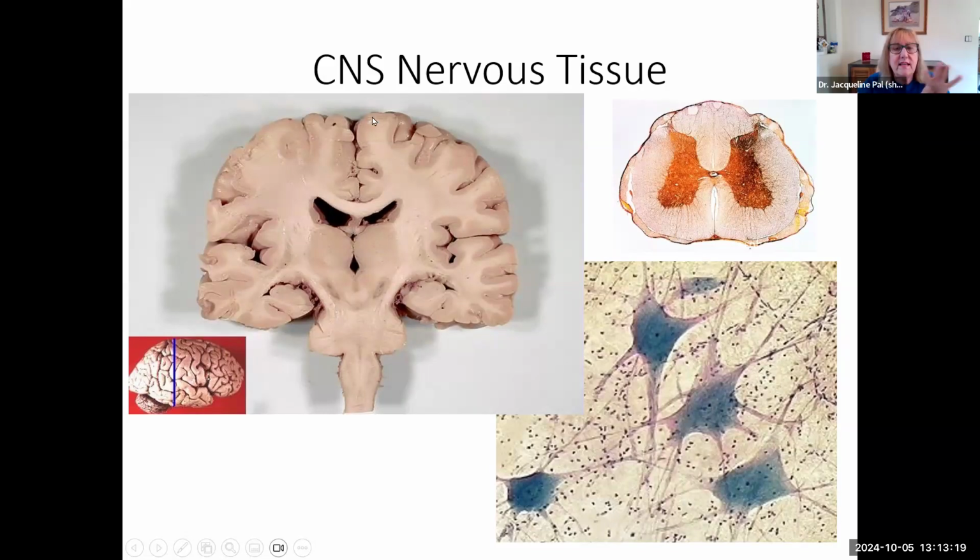And so you can see that there's darker tan areas and lighter tan, almost white areas. So this orangey brown area here on the spinal cord correlates to these darker tan areas here on the surface of the brain, and also some areas very deep in the brain.